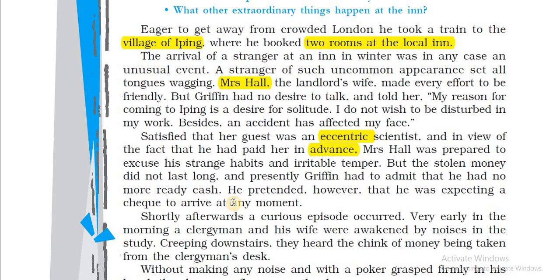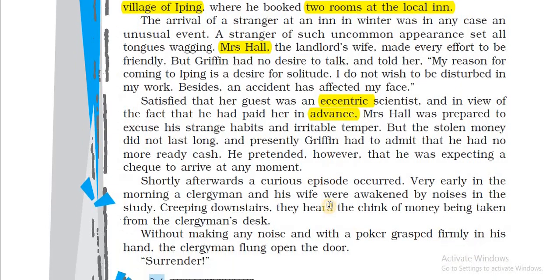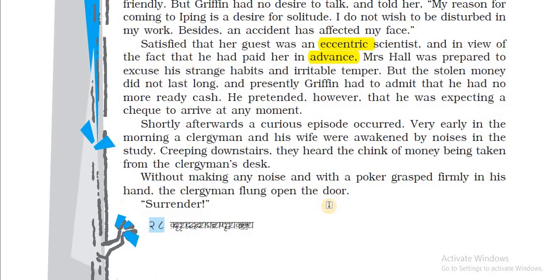So how should he pay the money to the manager, Mrs. Hall? He pretended, however, that he was expecting a check to arrive at any moment. That he made an excuse that he was expecting a check to arrive at any moment, so that he could pay the bill of the inn.